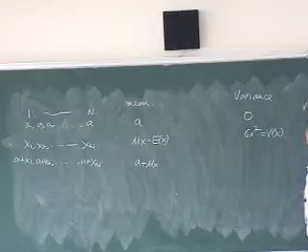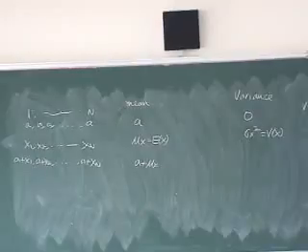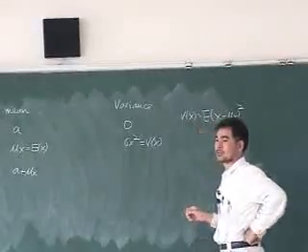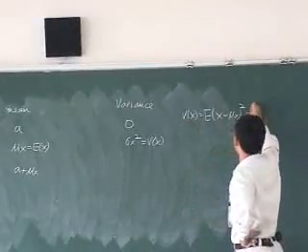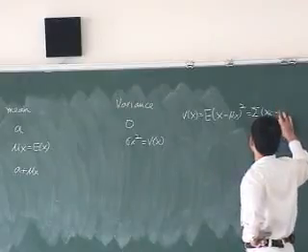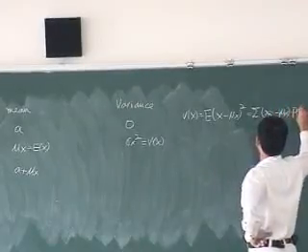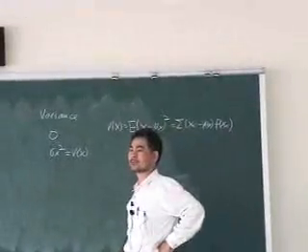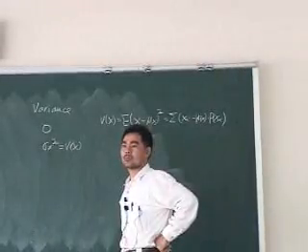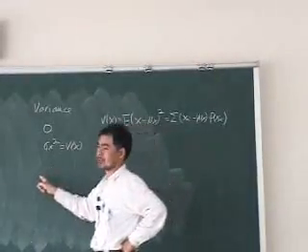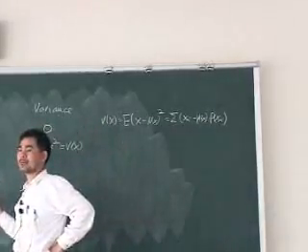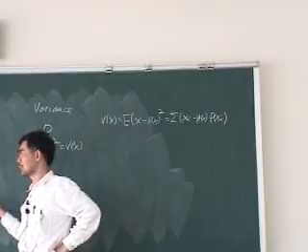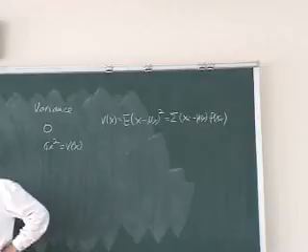So Vx is equal to expectation of x minus mu x squared, right? So what is this equal to? And this is equal to summation xi minus mu x times p xi, right? So what should be here? If you add or subtract the same number from the original data, what does that mean?